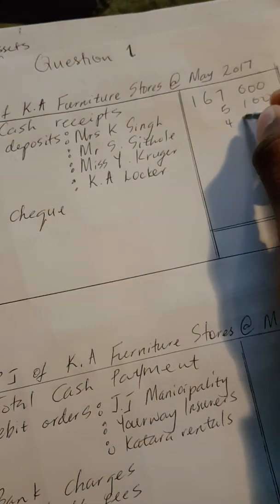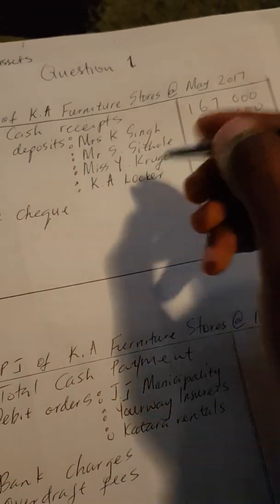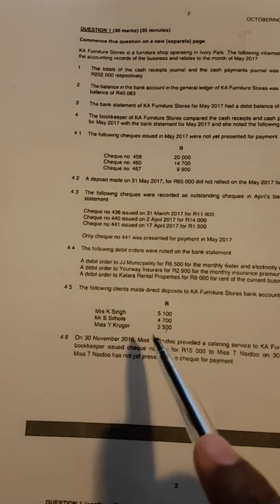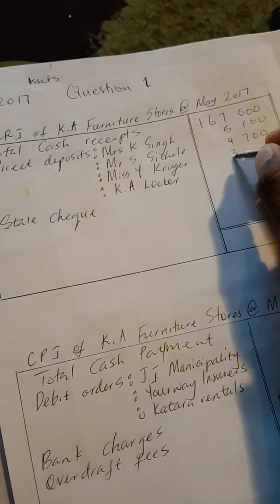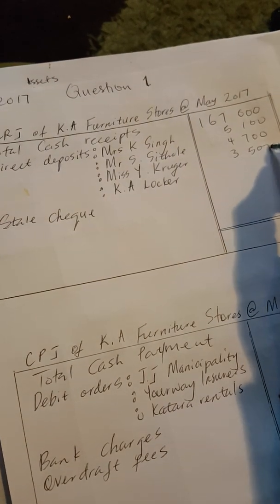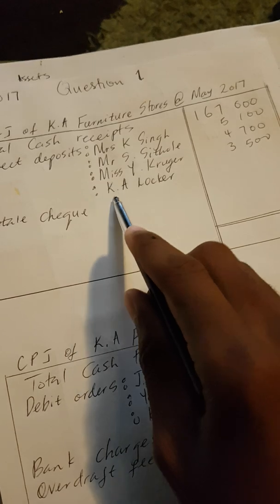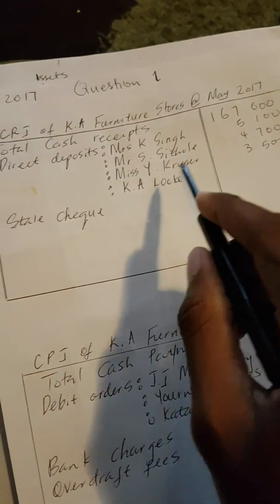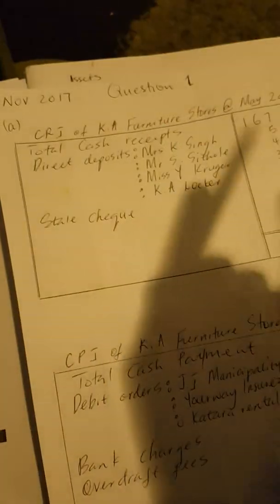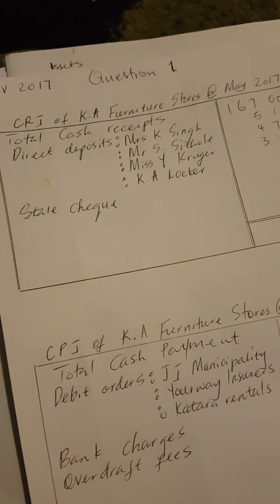And then we have Miss Y. Kruger, who has a direct deposit of 3,500. And lastly, we have Mr. K.A. Loka, who is the owner of this business. So he also made a direct deposit.